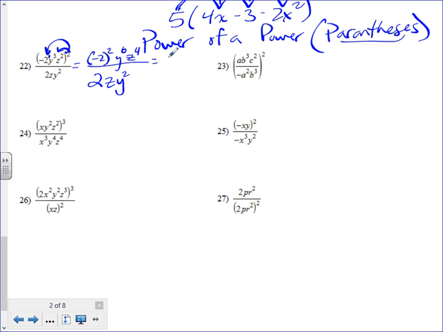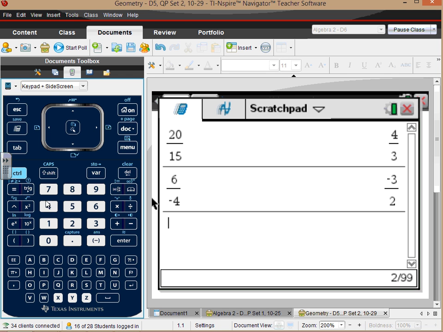Now, let's go ahead and reduce, starting with our coefficients. So be careful here. What is negative 2 squared? Negative 4. No. Positive 4, because it's negative 2 times negative 2.